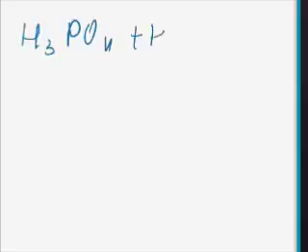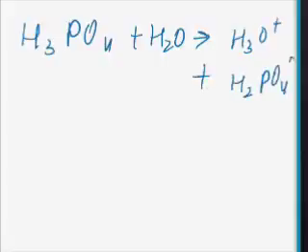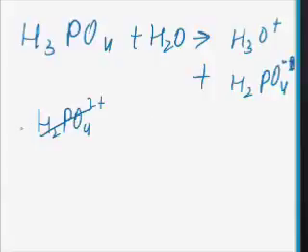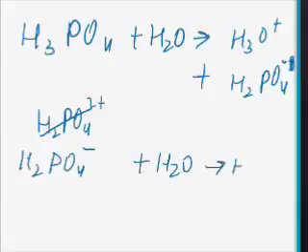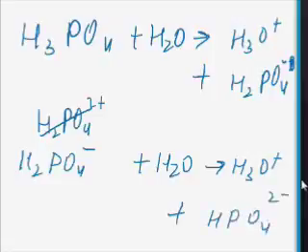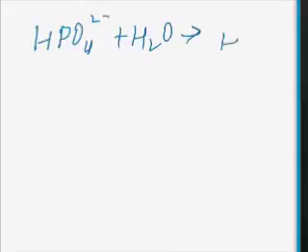H3PO4, when it reacts with water, will form H3O+ and H2PO4-. Now H2PO4-, one negative charge is there. H2PO4-, when it reacts with water, will form H3O+ and HPO4 2-. The third step is when HPO4 2- reacts with water, it will form H3O+ and PO4 3-.